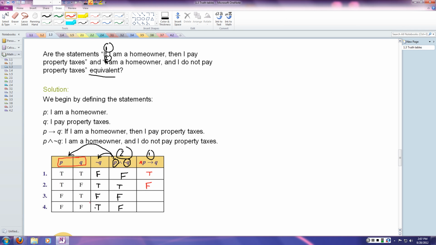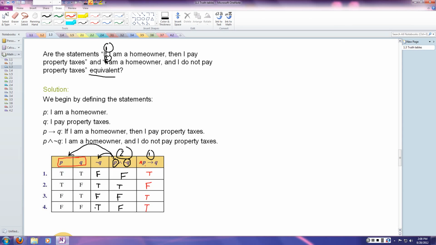False, false would be, here I have a false in the premise of my conditional, so my conditional is automatically true. It does not matter what Q is. The premise not being held up doesn't mean the conditional is false, it just means it hasn't had a chance to be false.